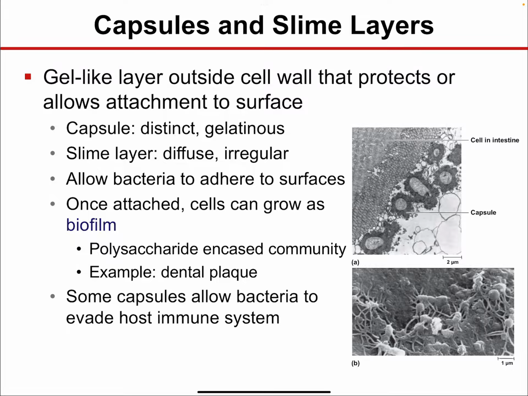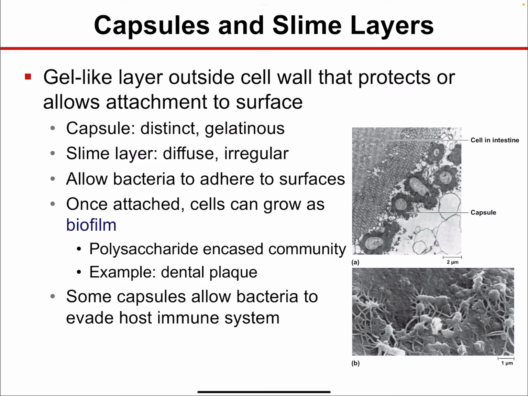Sitting outside of the cell, we have the capsule and we have the slime layer. The capsule is actually a gel-like structure that plays a very important role in attachment of the cell on surfaces and in also preventing the cell from drying out, right?